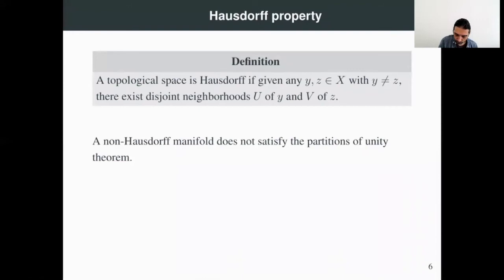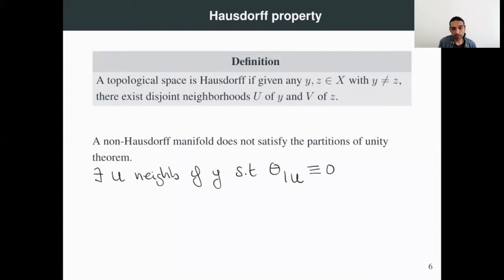So what we just proved is that there exists U neighborhood of Y such that the restriction of theta to U is equal to 0.